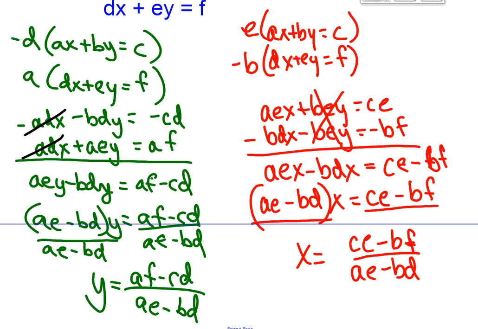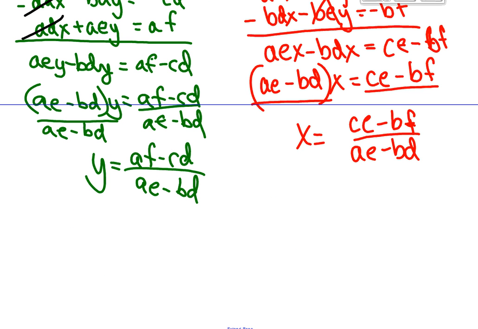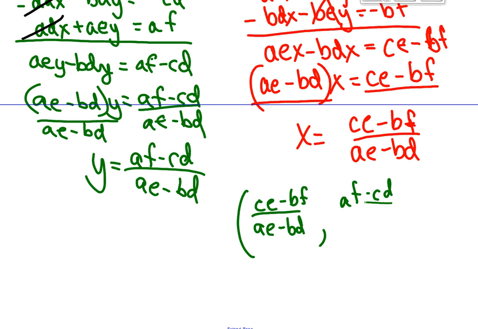So if you think of that from a programming standpoint, that's a pretty easy problem. You would tell somebody input, tell me what a, b, c, d, e, and f are, and then I will just do this calculation, and that will be the way that I'll have that solution. So (ce minus bf) over (ae minus bd), comma, (af minus cd) over (ae minus bd).